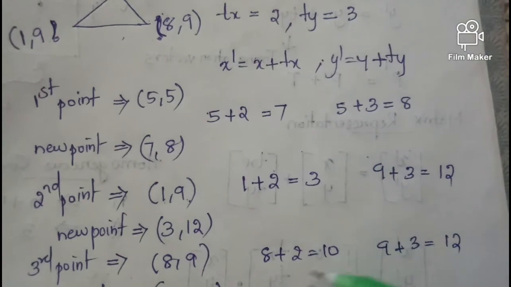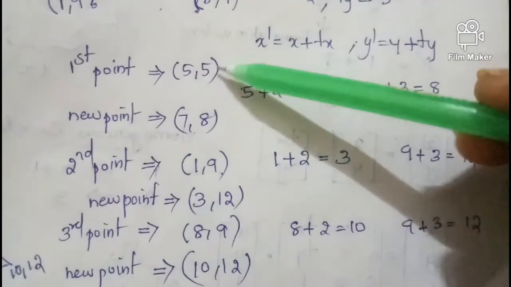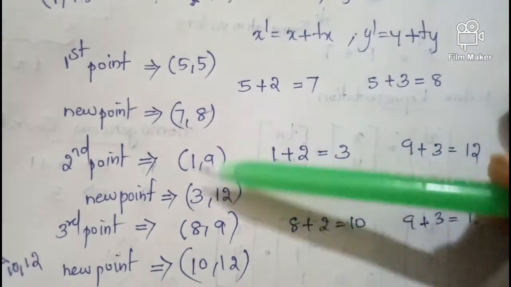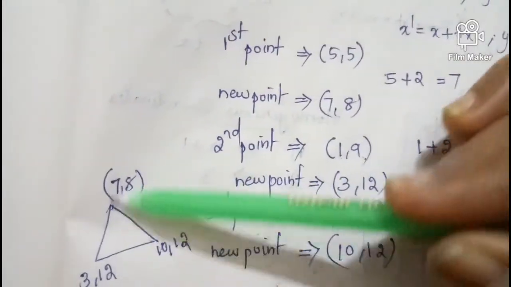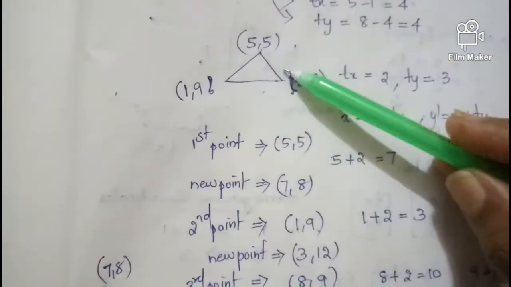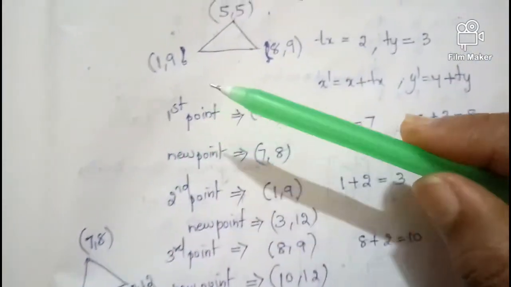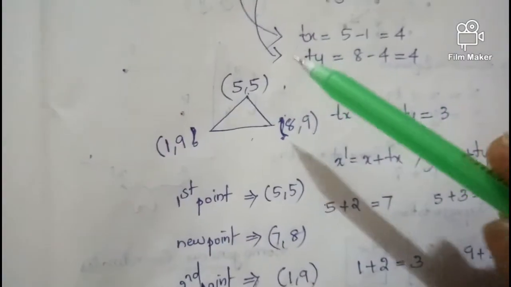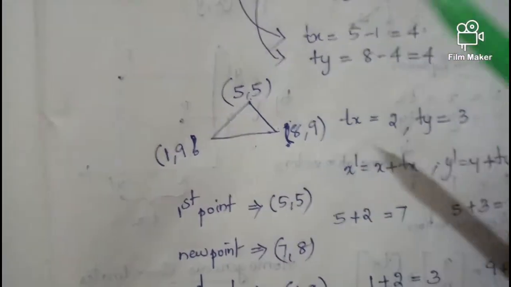So 10 and 12 are x dash and y dash. So I got the third point 10, 12. So altogether the new points are 7, 8, 3, 12 and 10, 12. With these 3 points the new triangle is drawn. So in this way, to translate any object from its original position to a new position, you have to apply the translation equation to all its points. Clear?